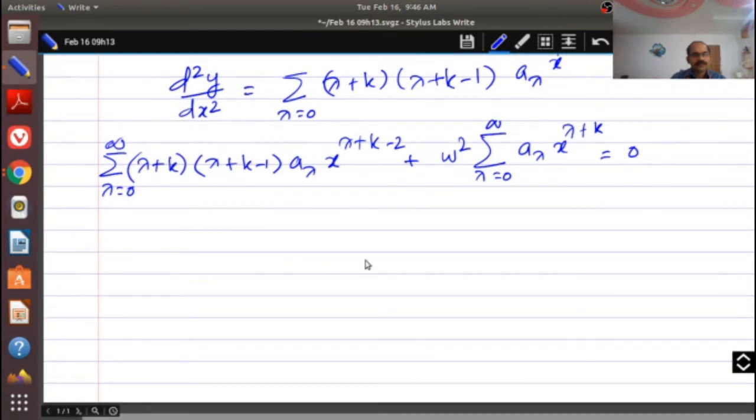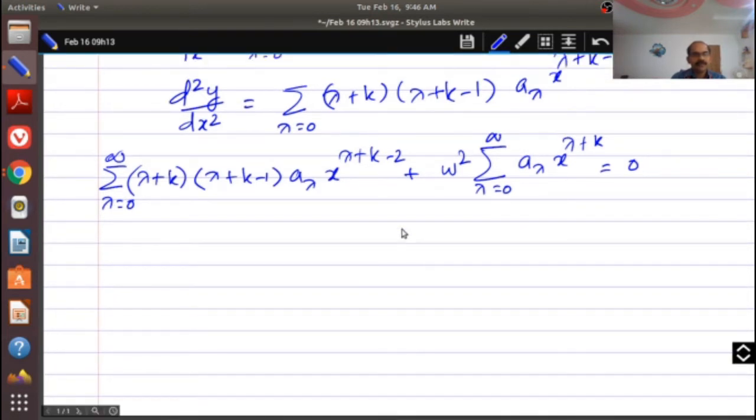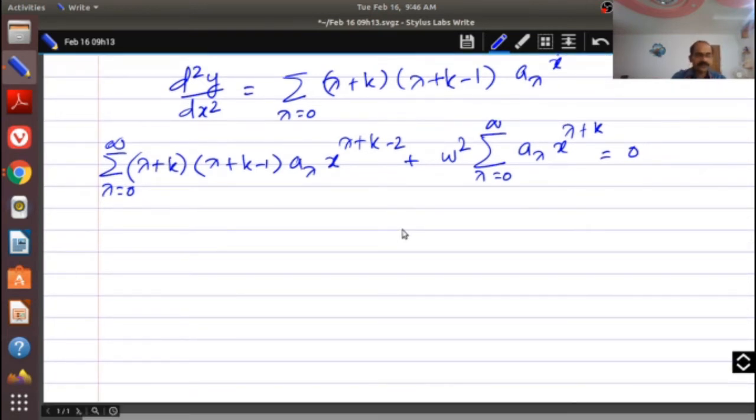Now the first step, okay, we got this equation. You put lambda equal to 0. If you put lambda equal to 0, the lowest order will be lambda is 0, not k, it will be a0 x raised to, and look for the lowest power of x.